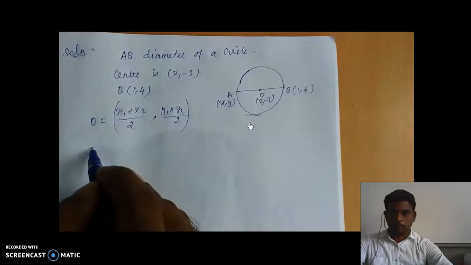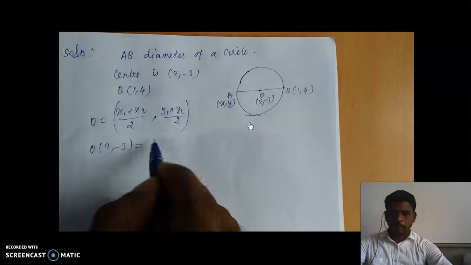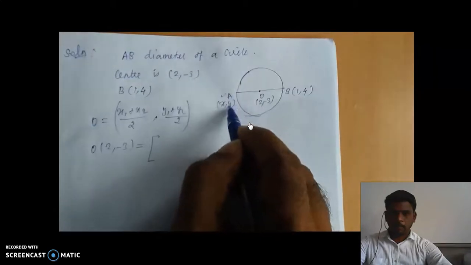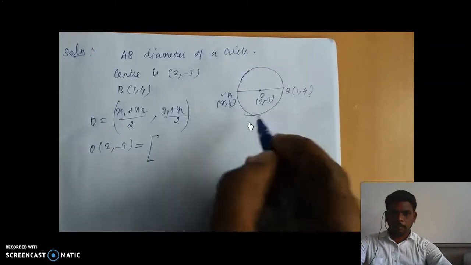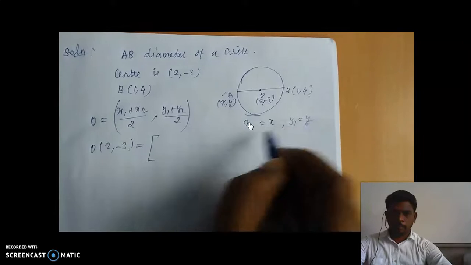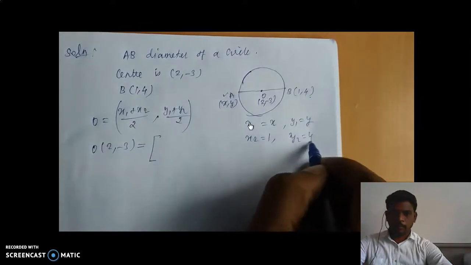Here O is (2, -3), that is the center given. Let us take this one as x1, this one y1, this one x2, y2. That is x1 equals x, y1 equals y, x2 equals 1, y2 equals 4.